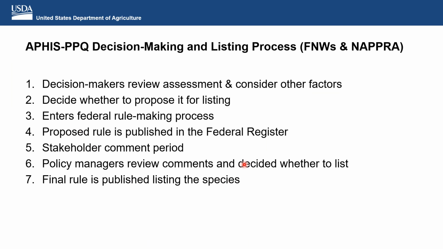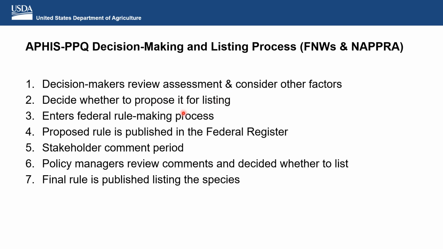Our decision makers read these assessments and then decide whether or not the species should be considered for listing. Now, just because it comes out high risk doesn't mean they're going to propose it for listing. They may decide that the distribution in the U.S. is too wide, or the plant has some beneficial properties, or whatever. So the assessment does not necessarily drive the result, but it is an important part of the decision.